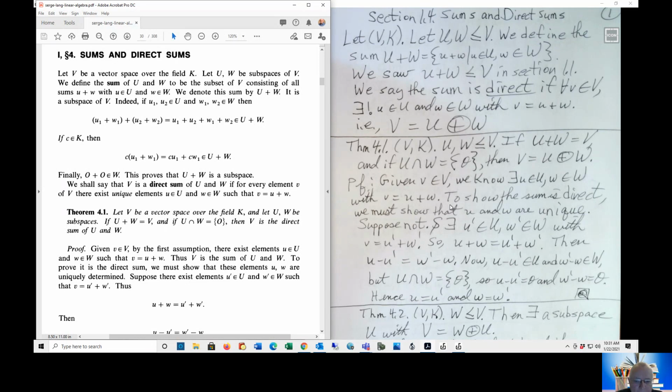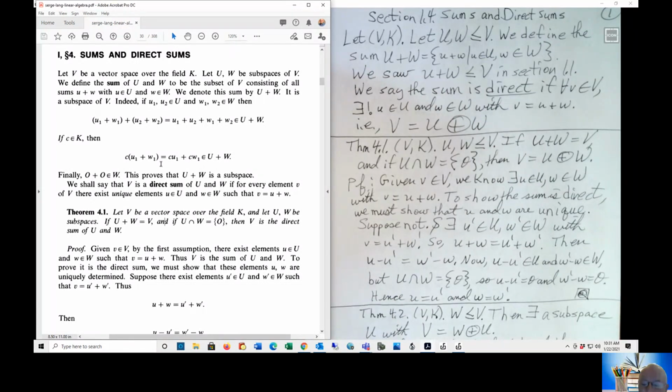So, as normal, we start out with a vector space V over a scalar field K and two subspaces U and W. And we've already defined the sum of two vector spaces in the usual way.